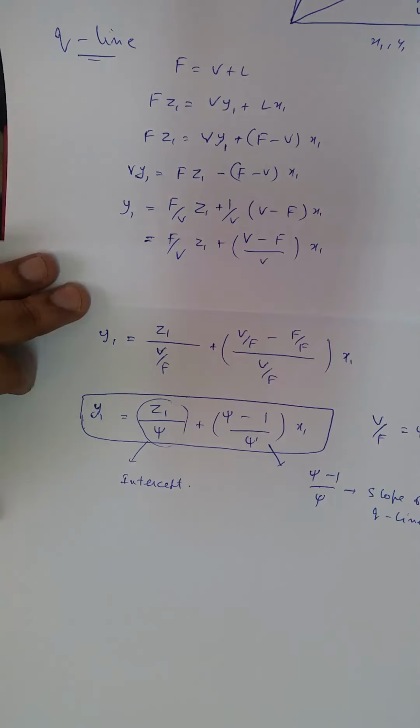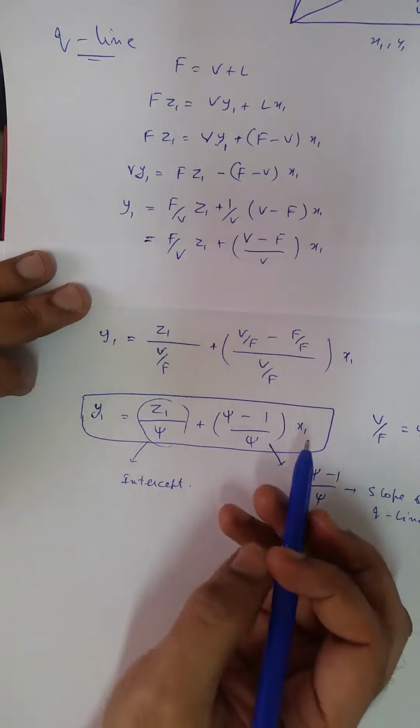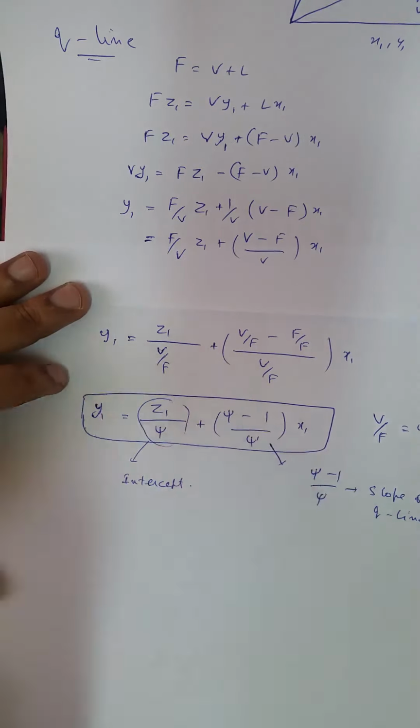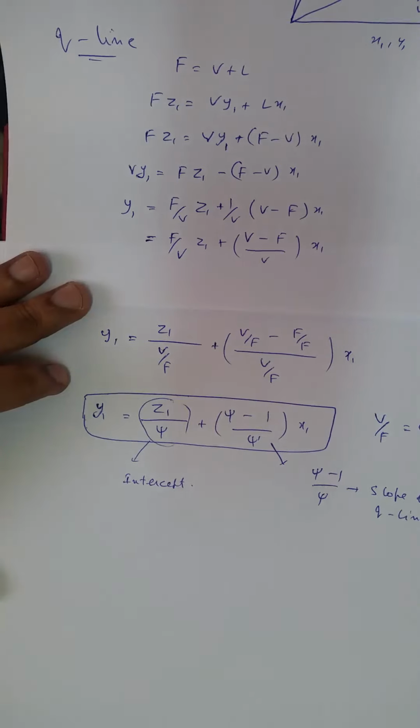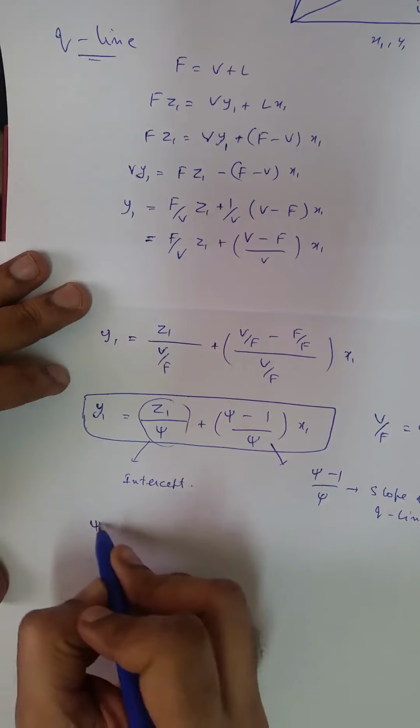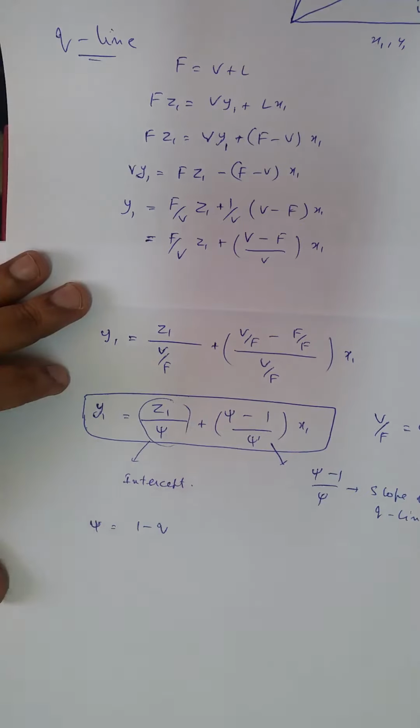In order to draw a line, we need a slope and a point. So we'll see how we can do that. That one is composition. So if you know the psi value, you can get the slope, you know the point, so you can easily draw it. We'll see in chapter 7 how we can draw that. So we know already psi is equal to 1 minus q.